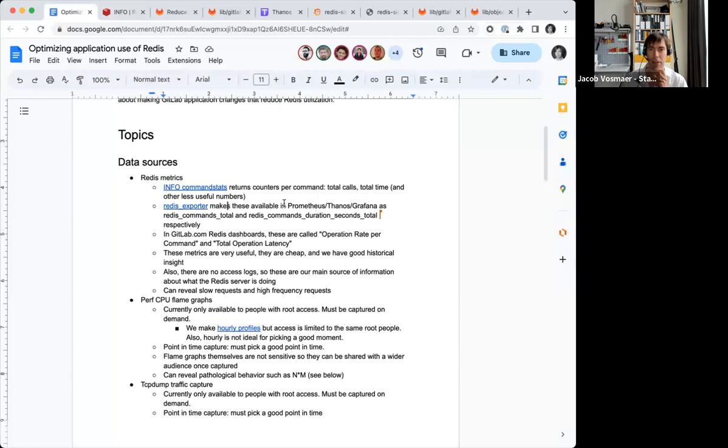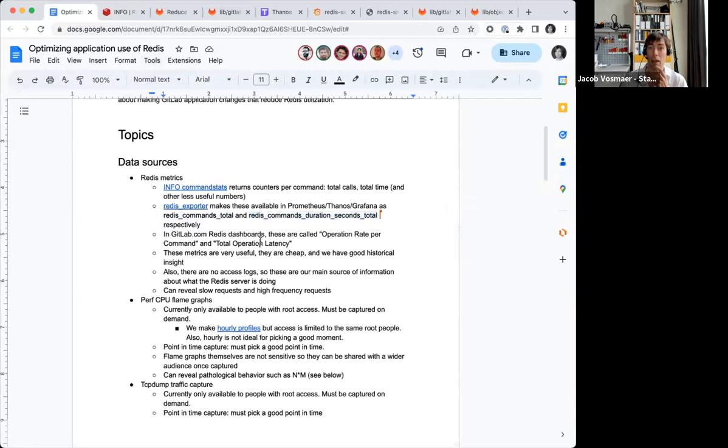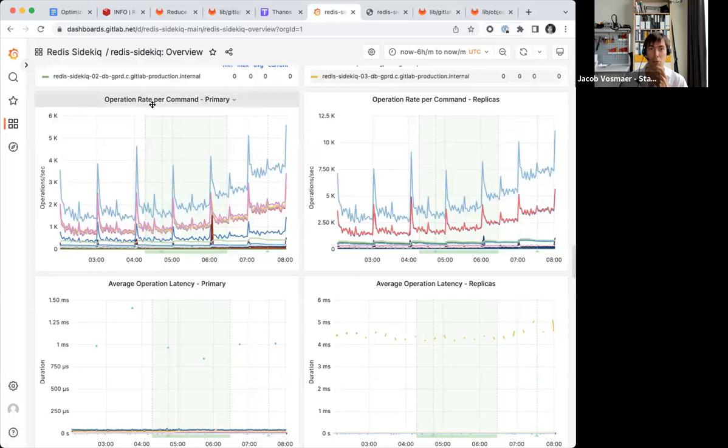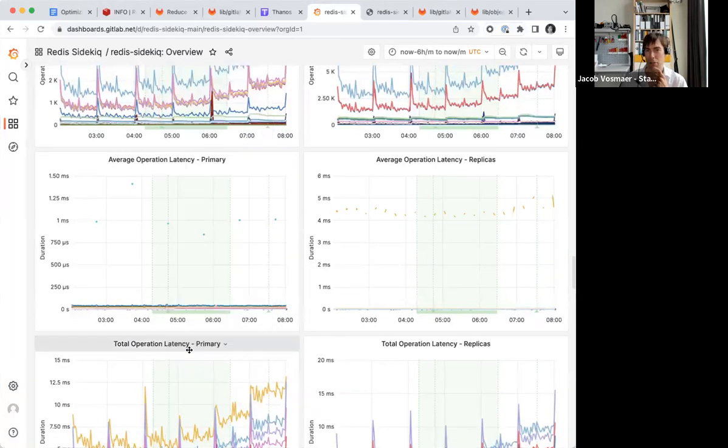In the Redis exporter, the count is called redis_commands_total, and the time spent in them is called duration_seconds_total, so the unit also changes from microseconds to seconds. Then we have dashboards, and there they have yet another name: operation rate per command and total operation latency.